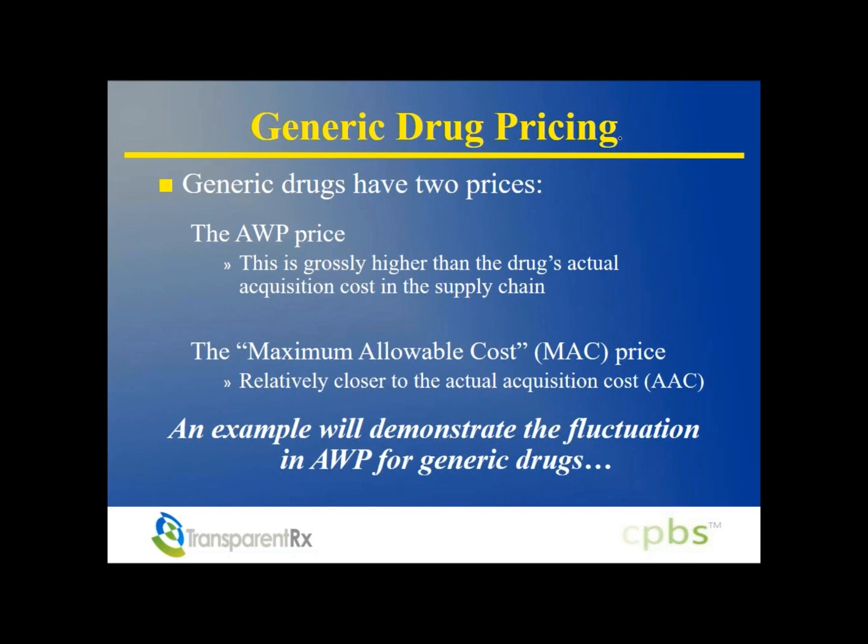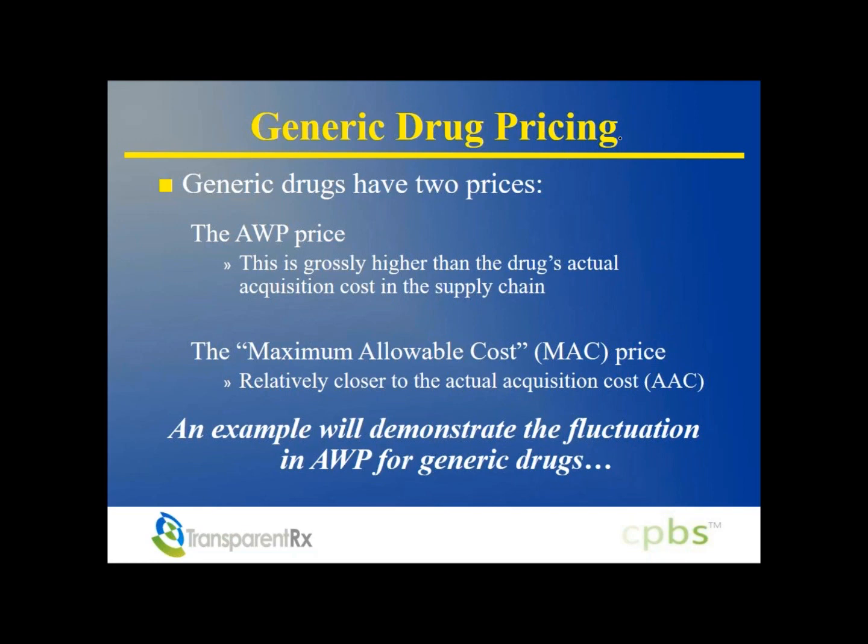AWP is an artificially inflated price that no one pays. Yet plan sponsors' cost is often based upon this inflated list price. The MAC price is more closely related to the actual acquisition cost than is the AWP, but it too is higher than the AAC.